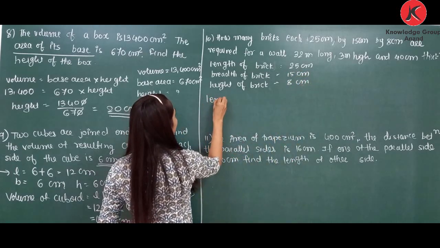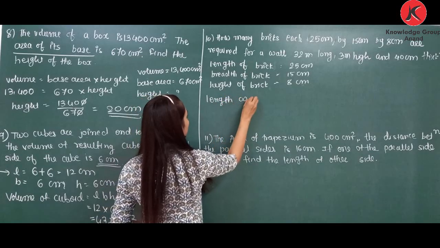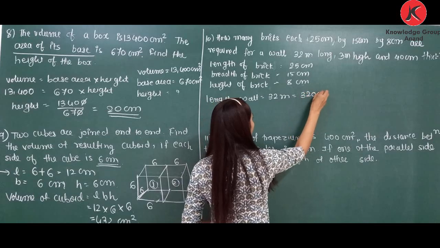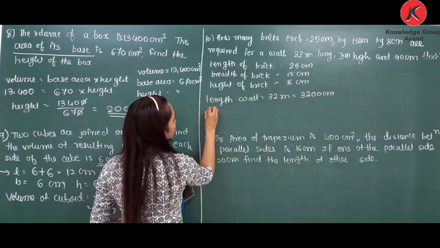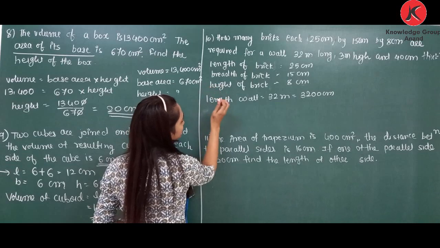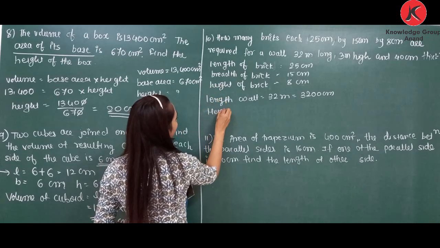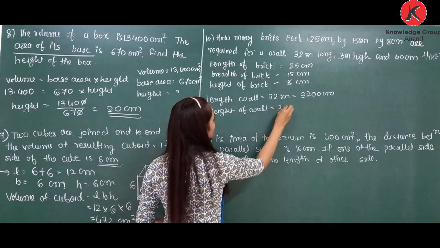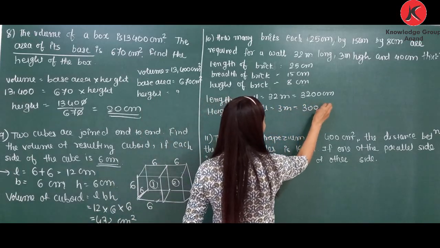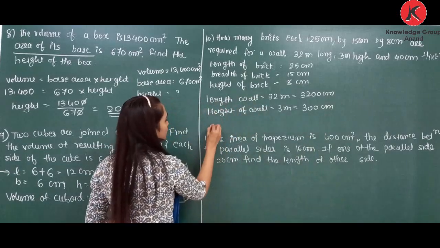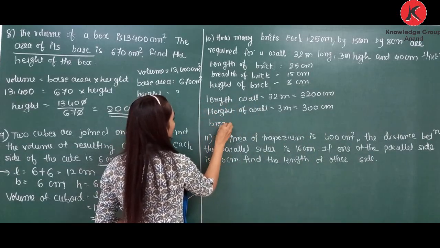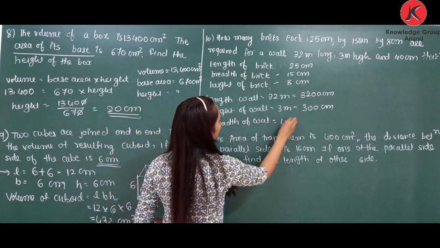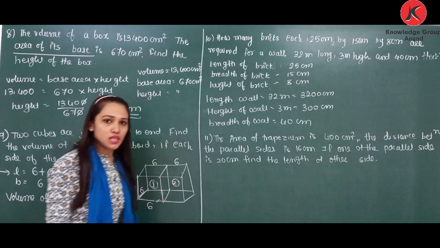Same, length of wall, so that is 32 meters, it means 3200 centimeters. Height of wall, so that is 3 meters, it means 300 centimeters. And breadth of wall, that is 40 centimeters. Now all are in the same unit.